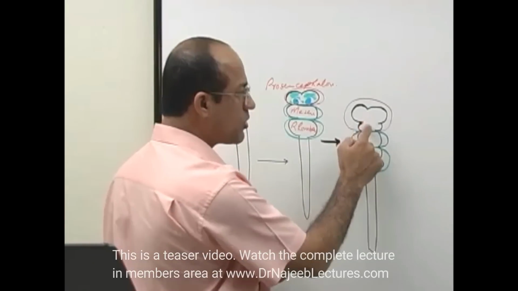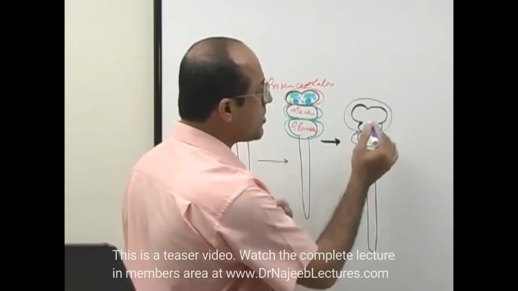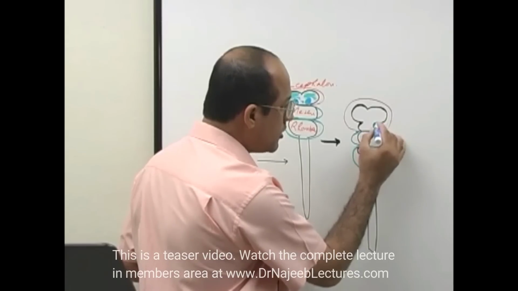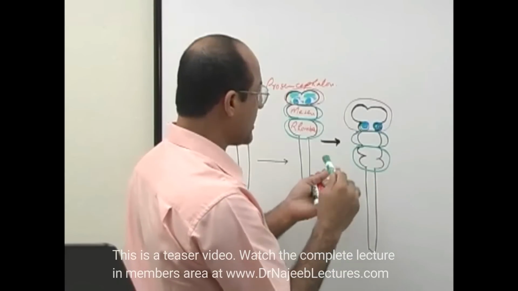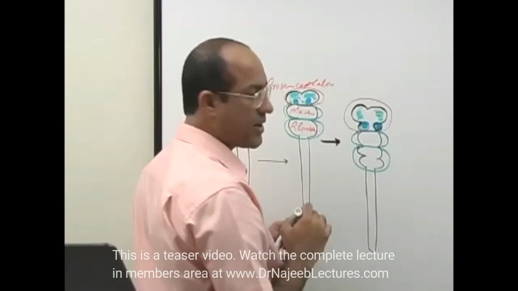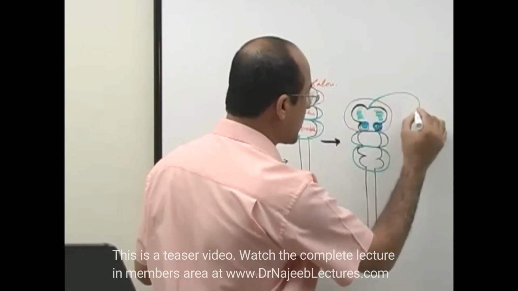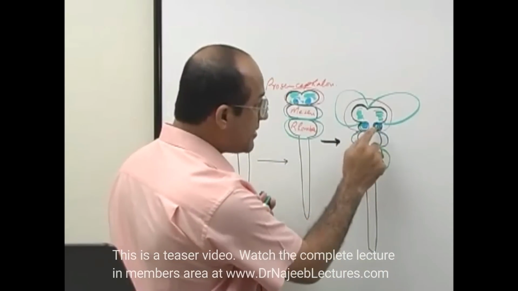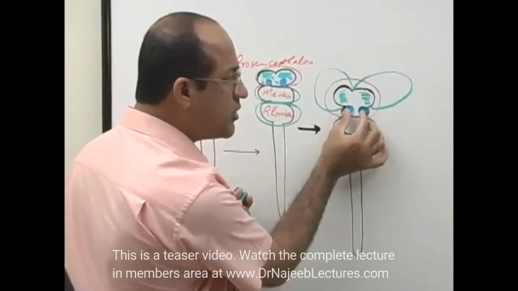Now the point you have to remember is that this area develops less rapidly and this specific area develops more rapidly. And what is the result? This specific area develops a lot, and as the upper and outer part develops a lot, this part will become buried within.